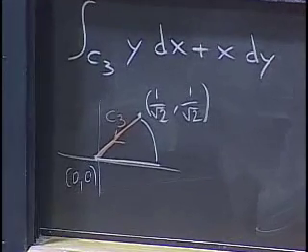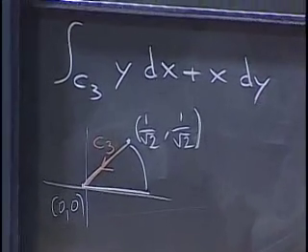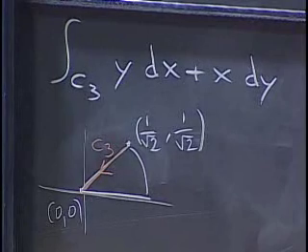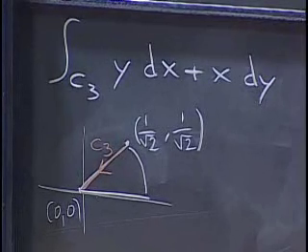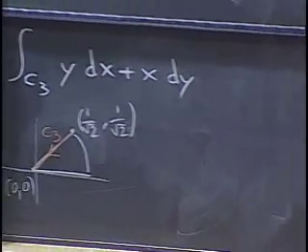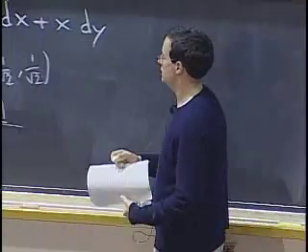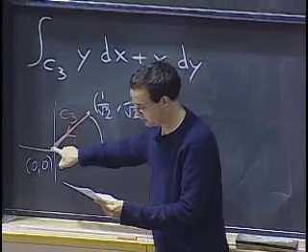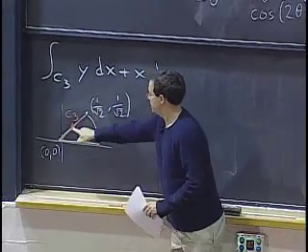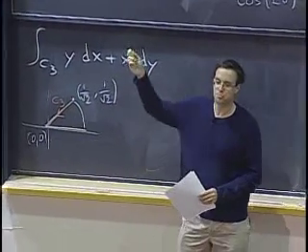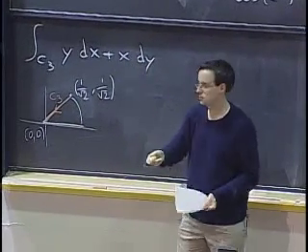So we need to figure out a way to express x and y in terms of the same parameter. One way, which is very natural, would be to say, let's say we move from here to here over time. At time 0 we're here, at time 1 we're here. We know how to parameterize this line.